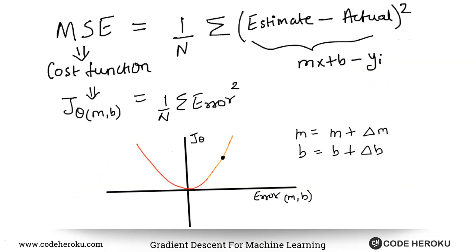That's what we have already seen. And this is the line, or the tangent, which is drawn at that point, right? Can we say that if the slope is positive, go towards the negative direction? And if the slope is negative, you want to go towards the positive direction?